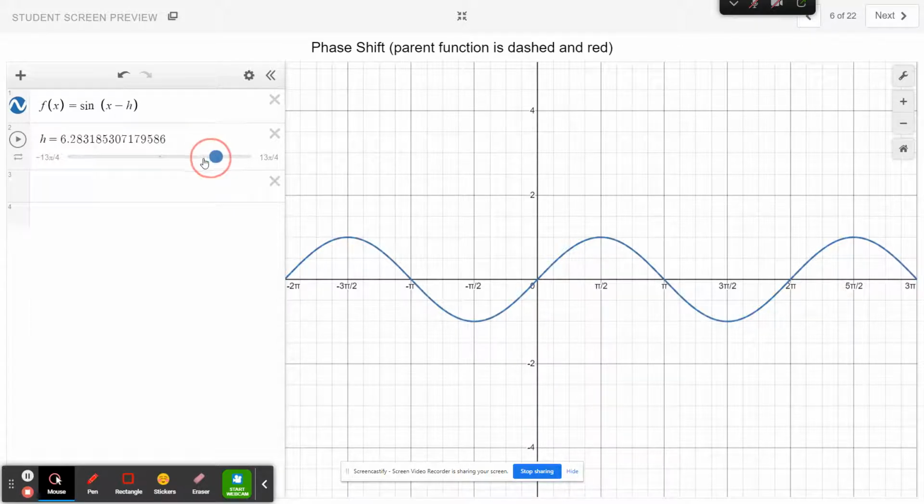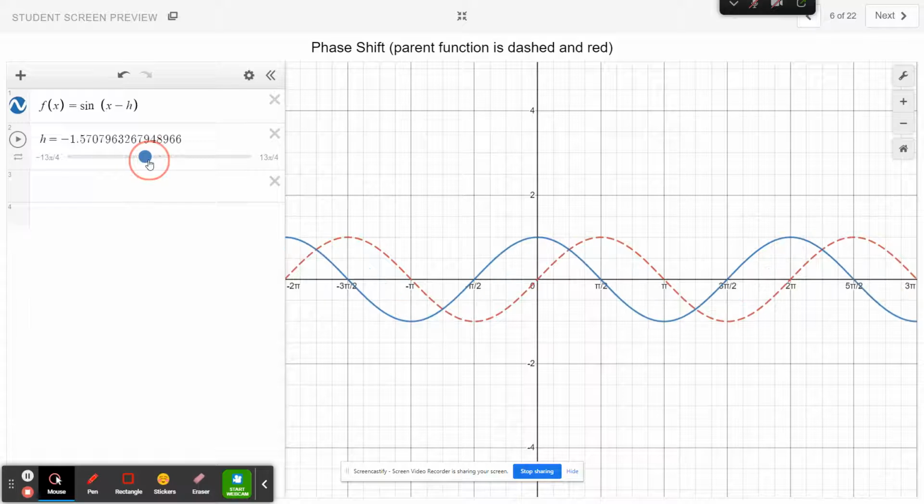What happens if I move it negative? Bring it back, let's make H 0. Now if I make H negative pi halves, it moved to the left. What's confusing is, did I move it left a half a pi, or did I move it right 3 pi halves?